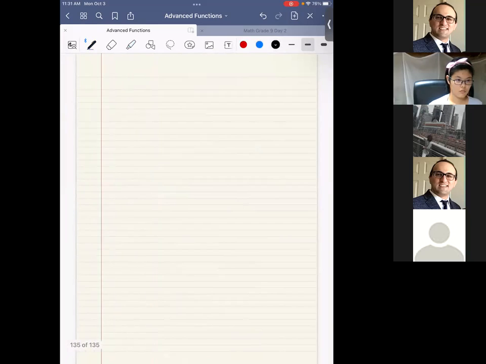Another thing you should know is that the function f of x equal to e to the x, or f of x equal to 10 to the x, or 2 to the x, it doesn't matter, they have a horizontal asymptote.